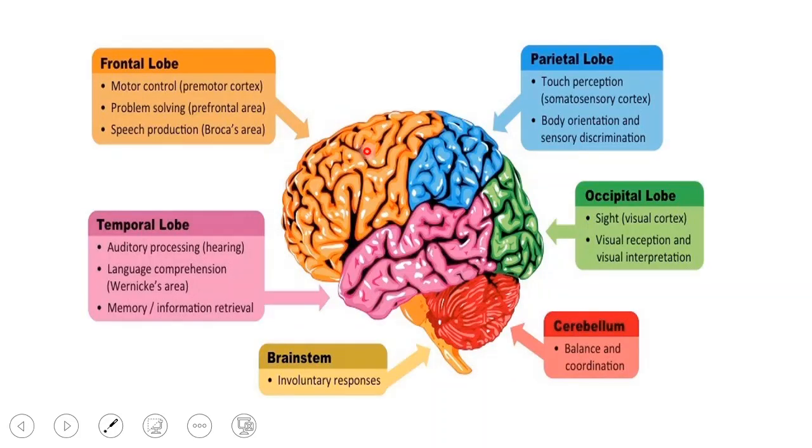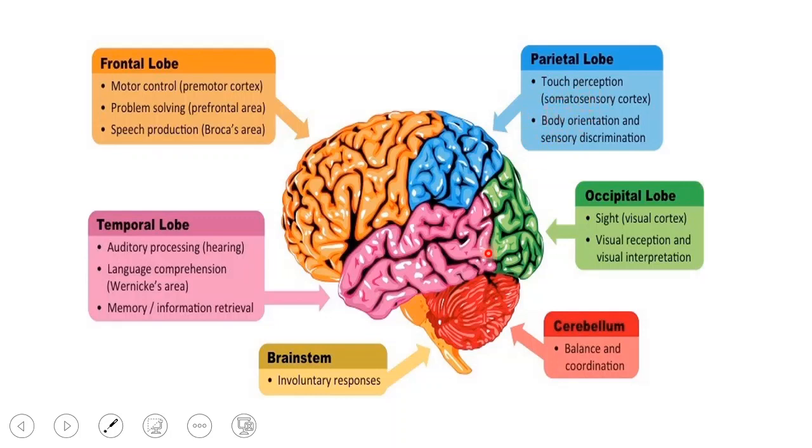The cerebral cortex, as we said, is made up of four lobes. The frontal lobe controls motor activity and tasks associated with the dopamine system, memory, attention, problem solving, and speech production. The parietal lobe is mostly dealing with touch sensation and spatial navigation.